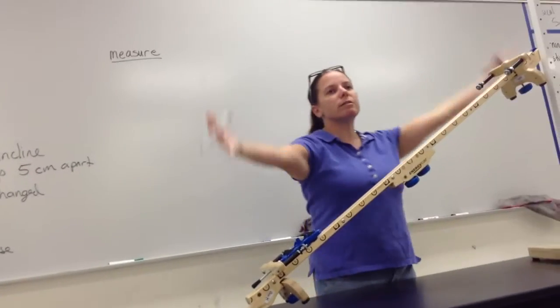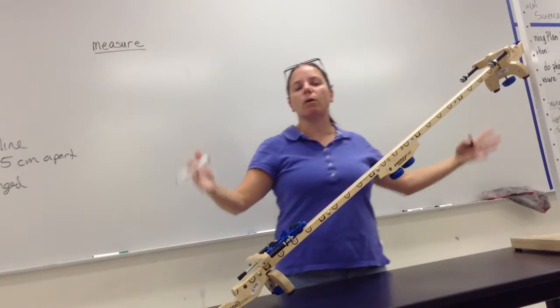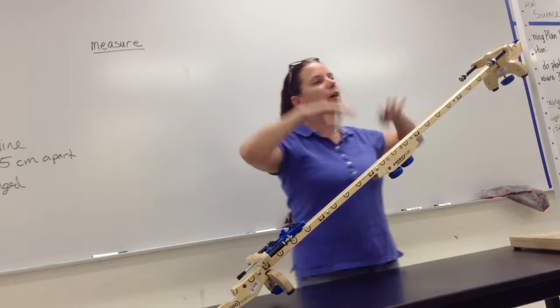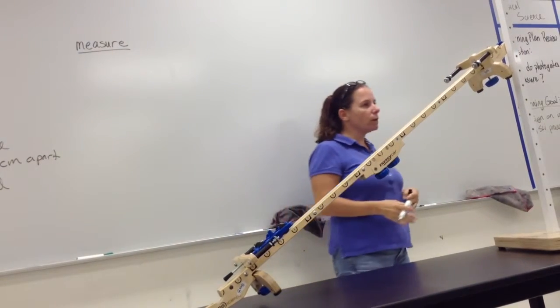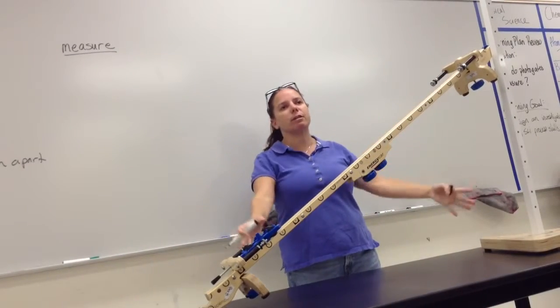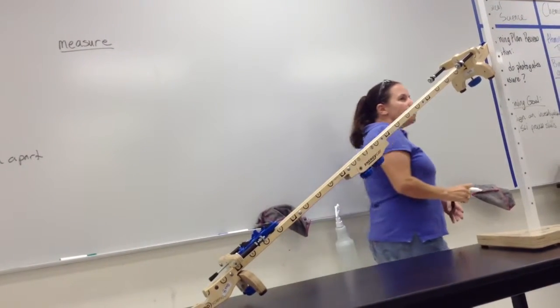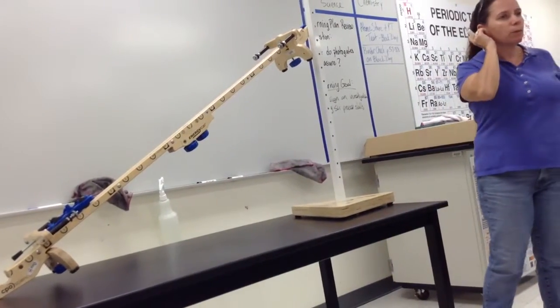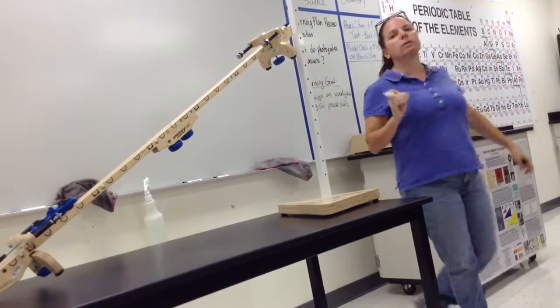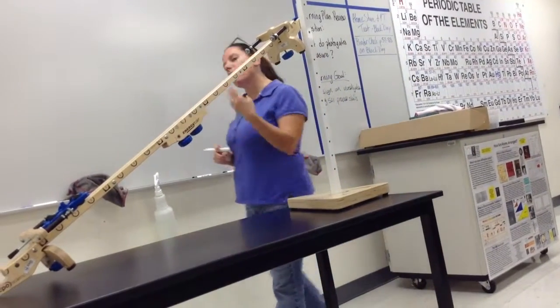Okay, so this is a system, and a system is nothing more than a specific space or area or thing that we are studying. So within this system, what types of measurements can we make? What's measurable when it comes to this system? Sky, do you have an idea?